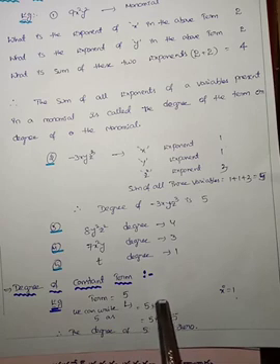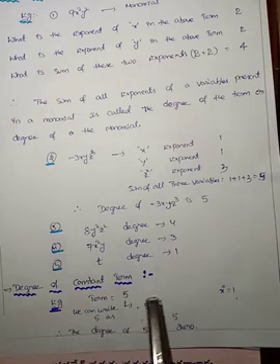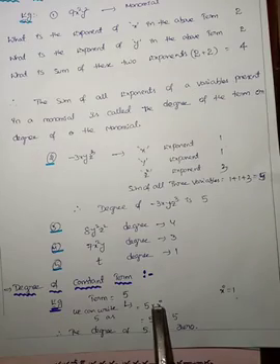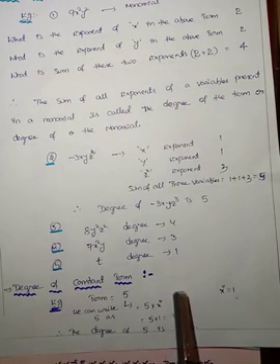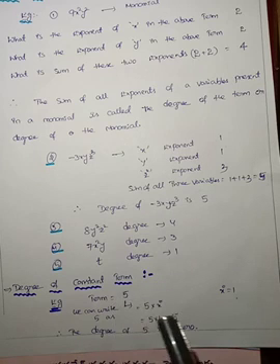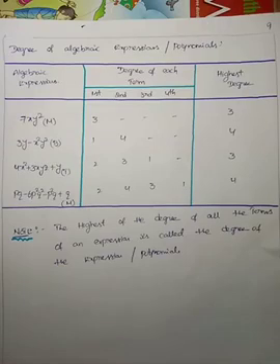Similarly, 100 into x power 0, or 100 into y power 0, or 296 into x power 0 or y power 0. Y power 0 means again 1, and 296 into 1 is equal to 296. So the degree of any constant term is 0.